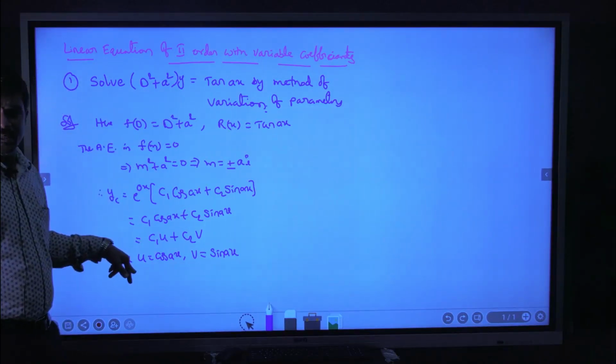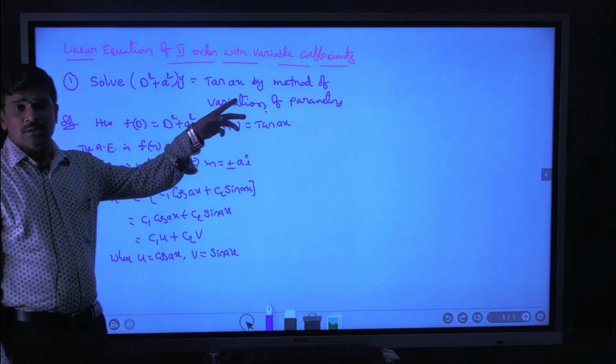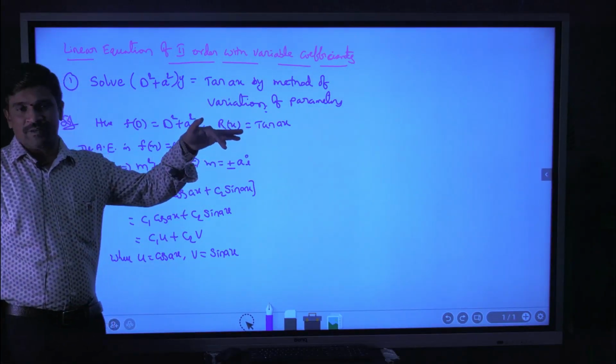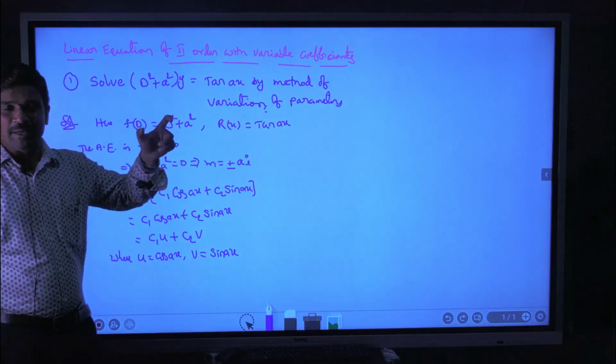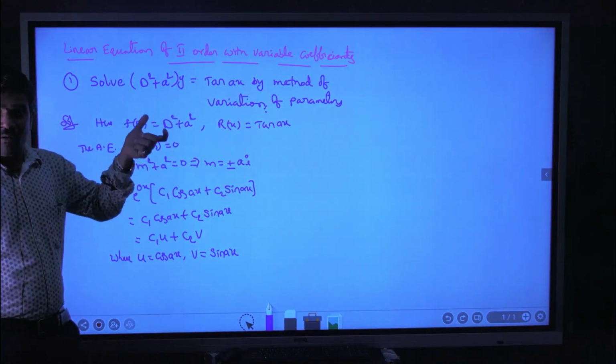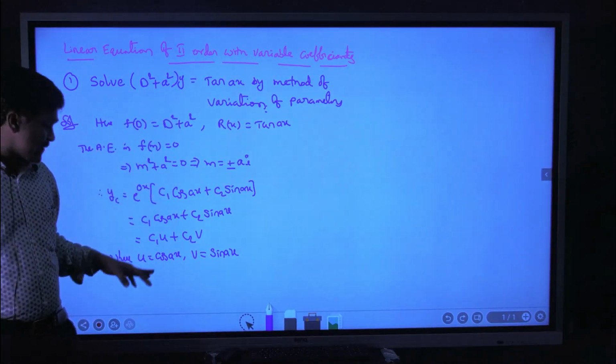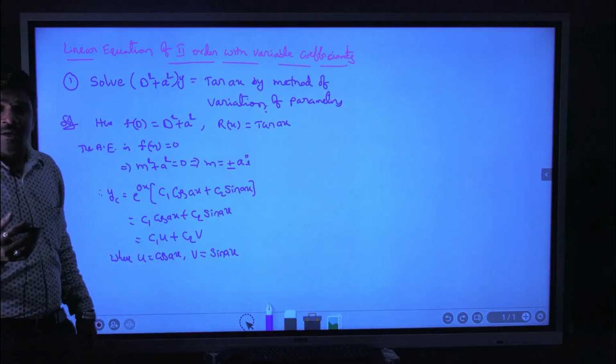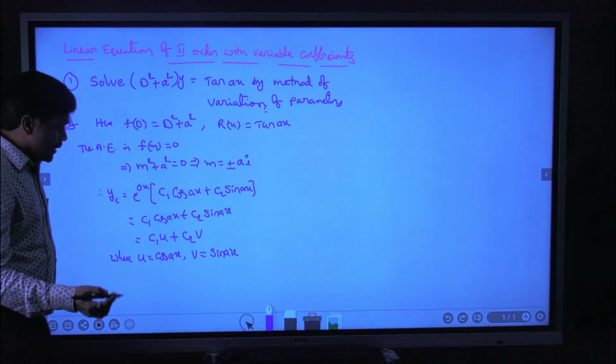To find the particular integration, the particular integral is yp equal to au plus bv, so in that we have A and B. What is A? In that we have uv dash minus vu dash. First of all we have to find uv dash minus vu dash, and after that we take the particular integration.